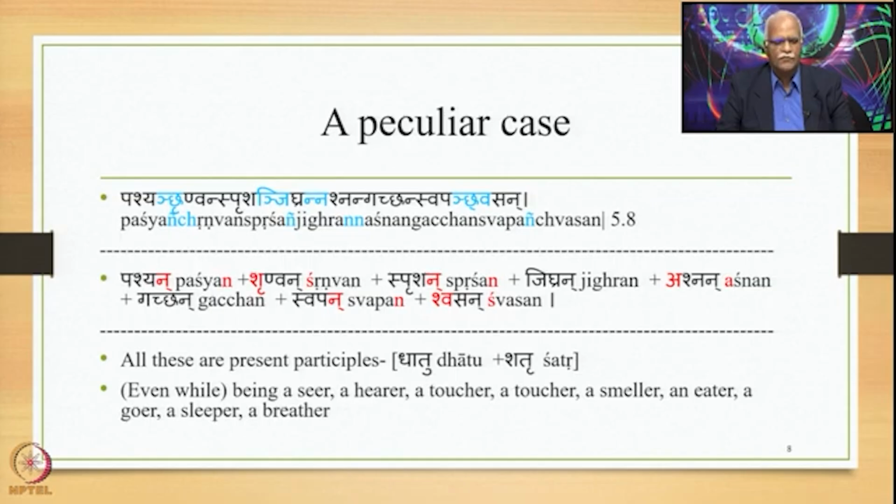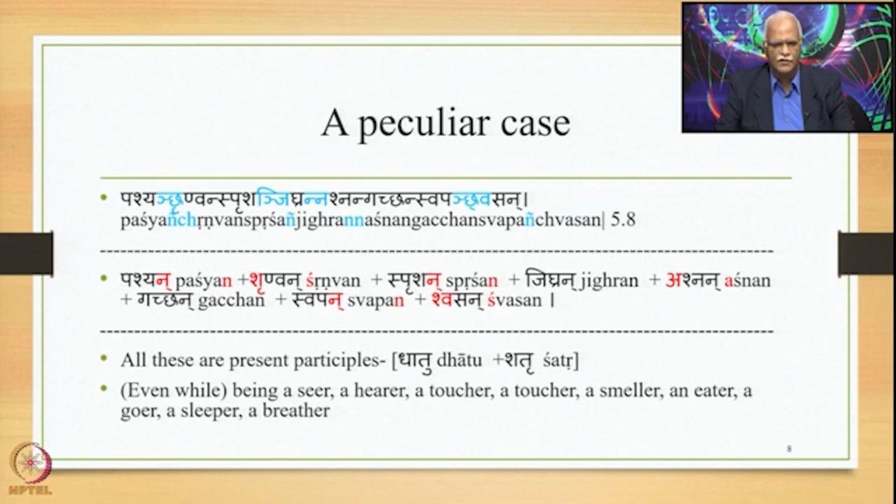So here we have written down the inputs. So the splitting of this particular string would be in this particular fashion. Pashyan plus Shranvan plus Sparshan plus Jighran plus Ashnan plus Gachan plus Swapan plus Shvasan. These are the constituents of this particular string.